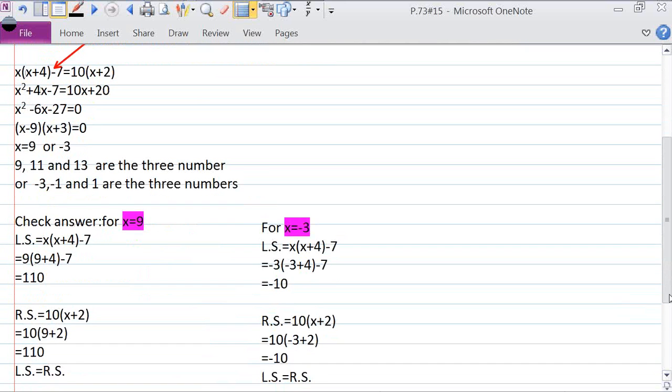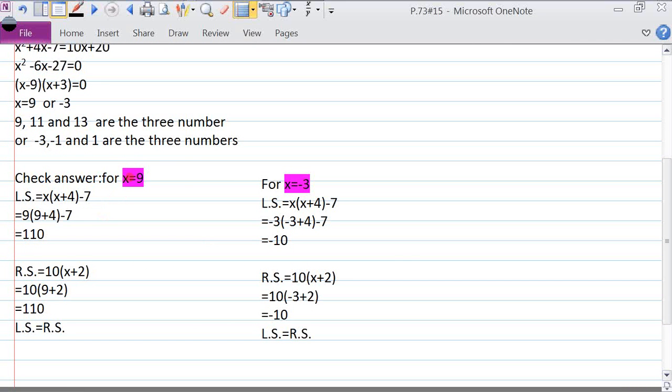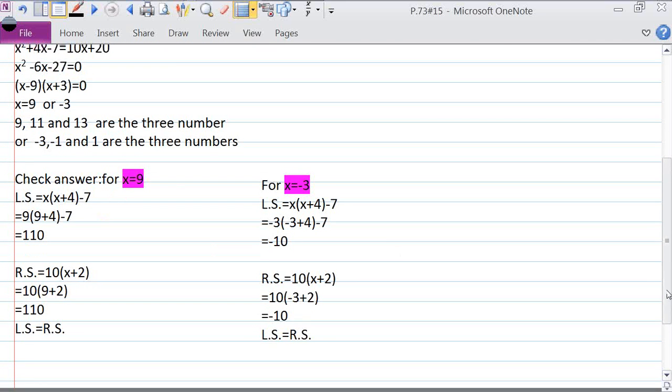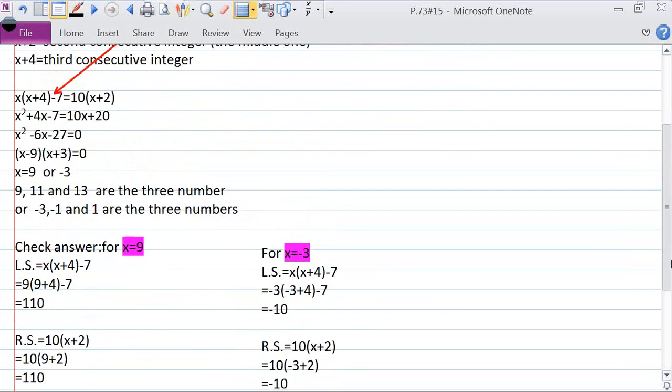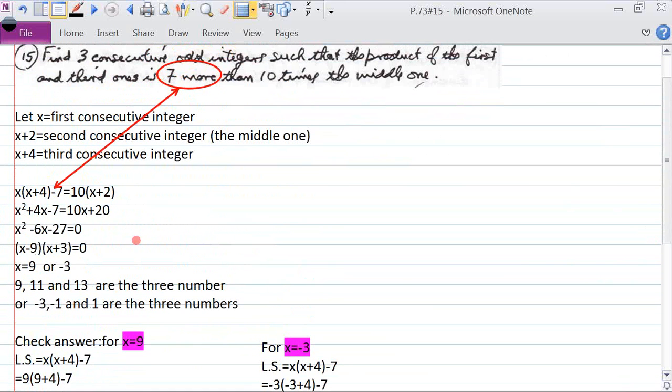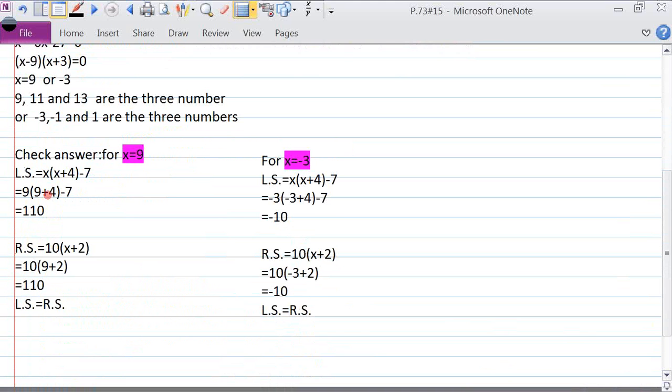So now I check the answer for 9, and I go back to the original equation, which is right here. Here's the original equation. And I put it back into the original equation. x is 9.